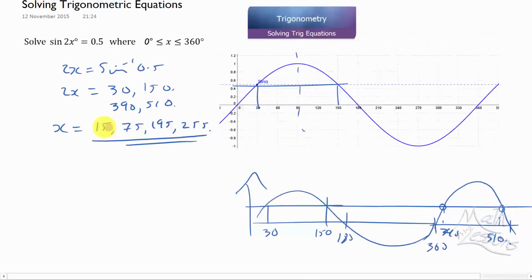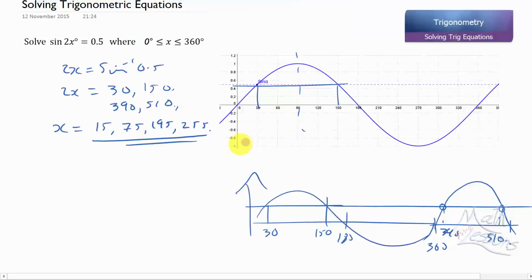Now, how do you decide how many angles to get? You know, is there another one after that if we divide by 2? Well, what you can do is you can just find a couple of extra ones and keep working them out. So you can find another one at this stage and divide by 2 and then realize actually no, it's going to be bigger than 360.